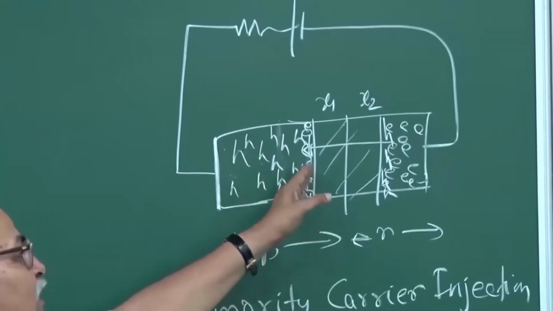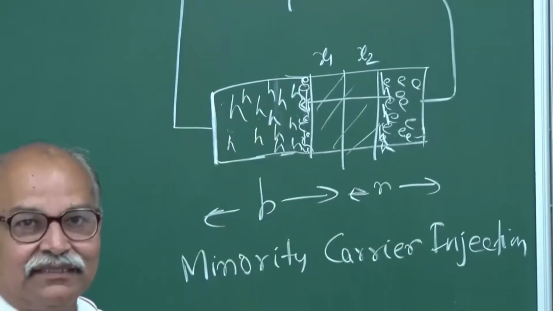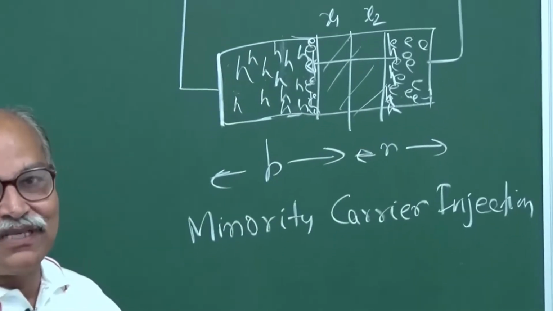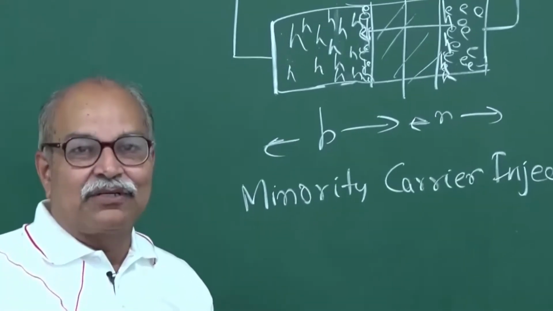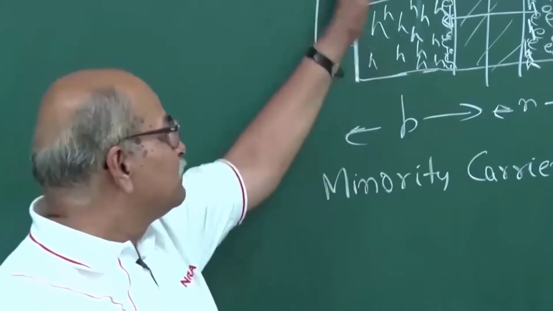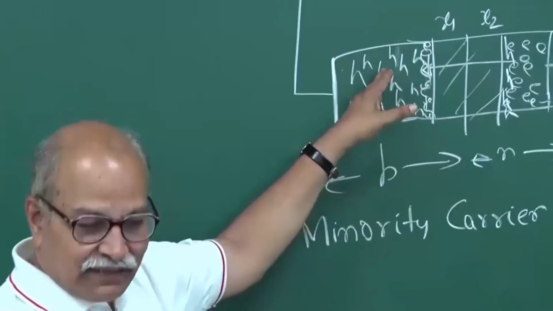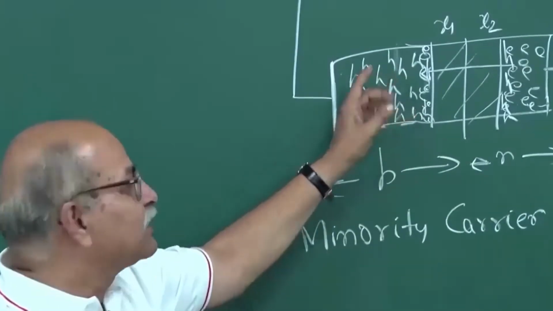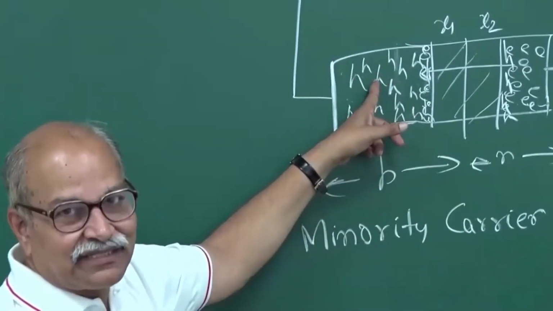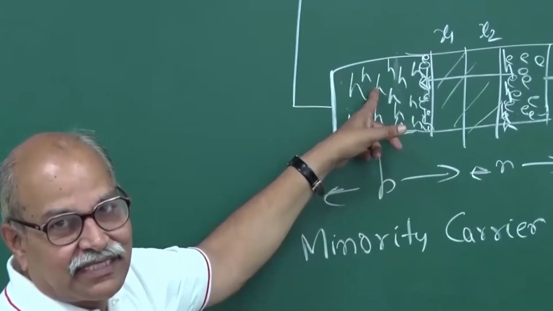So when the electron combines with the hole, the charge equilibrium or steady state condition will be disturbed. Because the electron has come from outside and it has gone, that is all right, but the hole has also gone together with it, and if a hole has gone, that means negative charge has appeared.